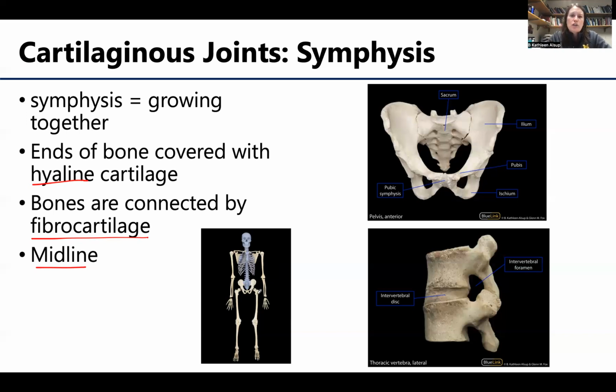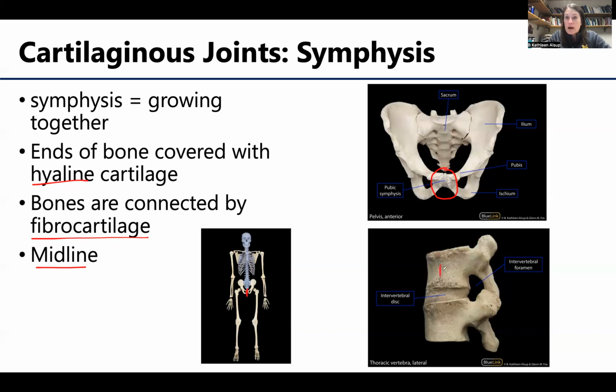The two major examples of a symphysis are the pubic symphysis, which has it right there in its name. This is where the two anterior portions of the hip bone, the pubic bones, are going to join. That's going to be located right here in this region, right in the midline. As well, intervertebral discs are examples of symphyses.